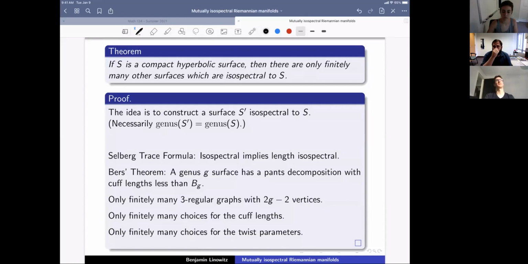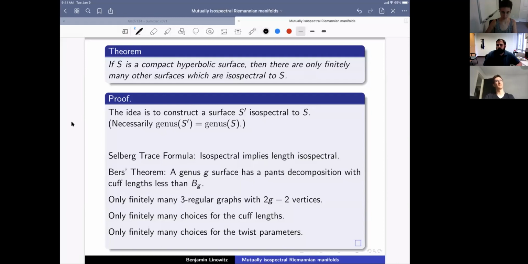So if I'm trying to construct S prime, a surface isospectral to S, then I know that I'm going to have to specify cuff lengths at some point. Those cuff lengths can be taken to be less than this Bers constant.